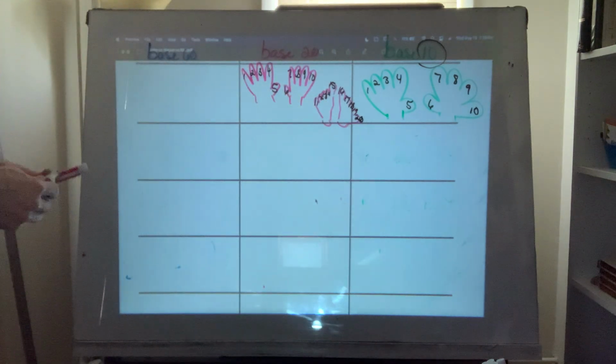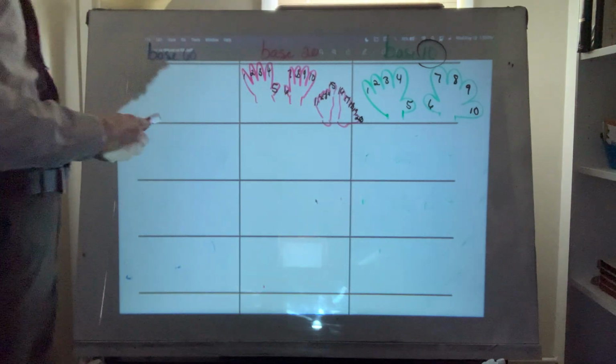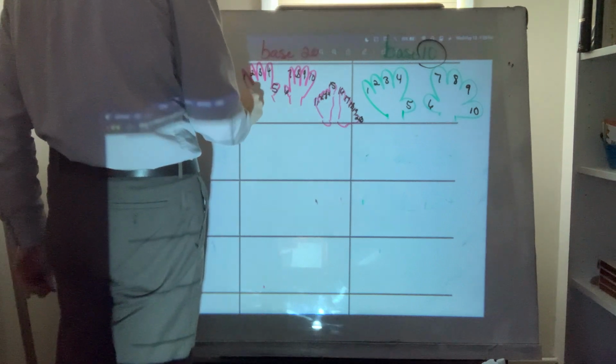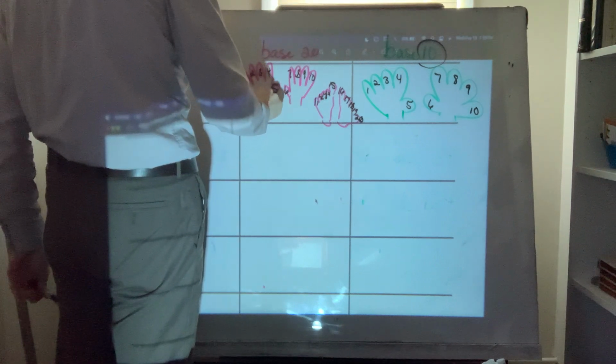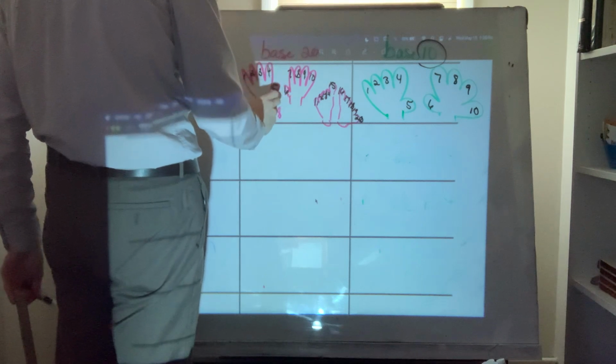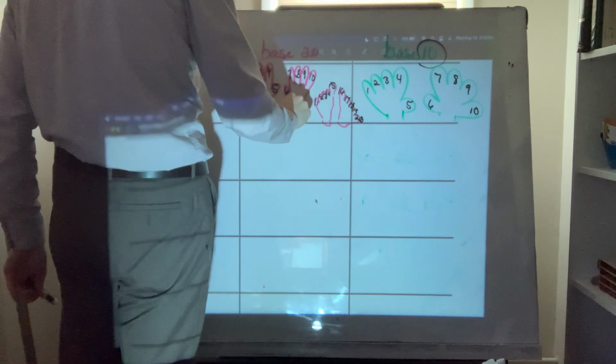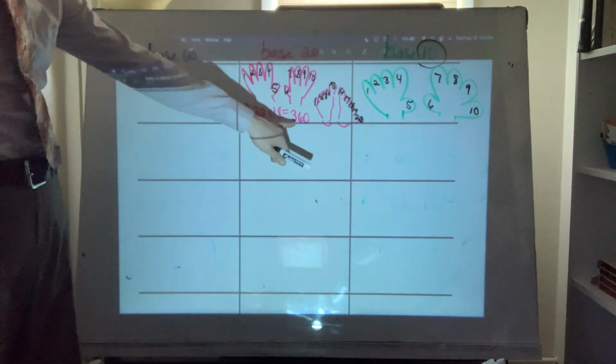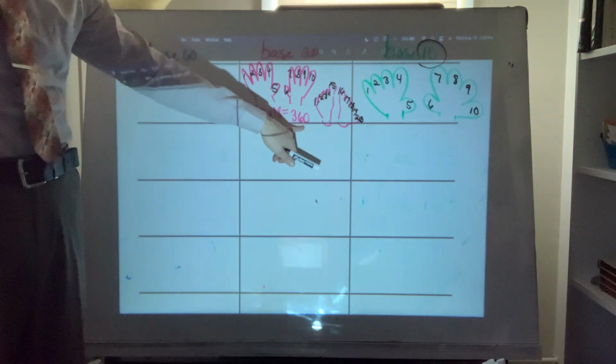Now you might wonder, well, where does the 18 factor into this? The reason for 18 is because the number 20 times 18 equals 360. 18 times 2 is 36, and another 0 is 360.